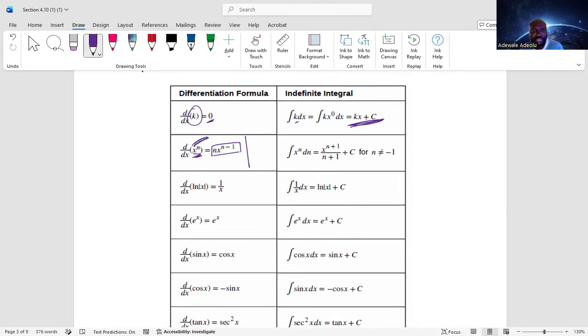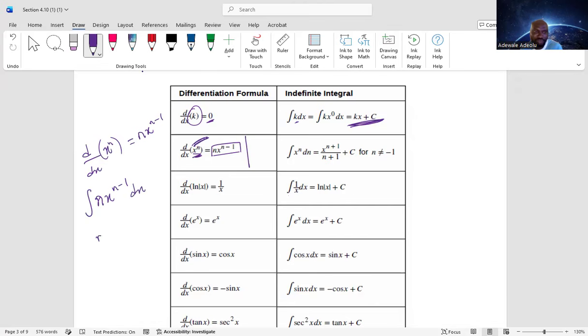Okay, what we are saying is if we want to go backwards, the reverse, d/dx of x to the n is, remember how to do this, power rule, we do this. Now, if I want to go back, then I will introduce this, nx^(n-1) dx.